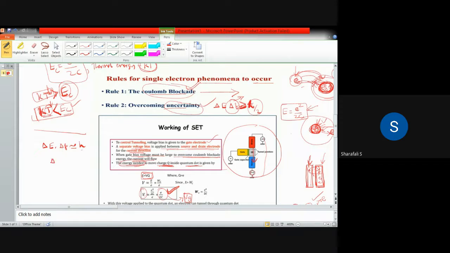So delta T is the product of resistance and capacitance, the time constant RC. This C corresponds to the capacitance of the quantum dot, and R is the resistance of tunneling. If you do this calculation, delta E will be equal to h by delta T, and that will be equal to h by RC.